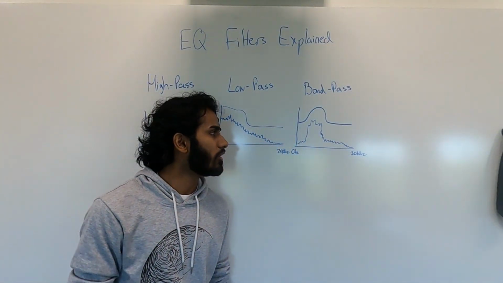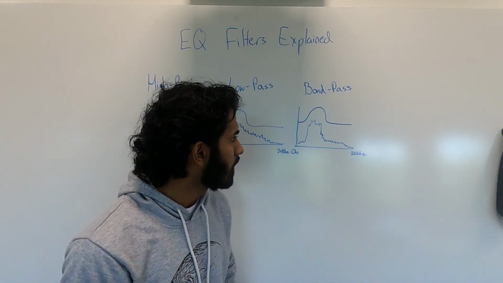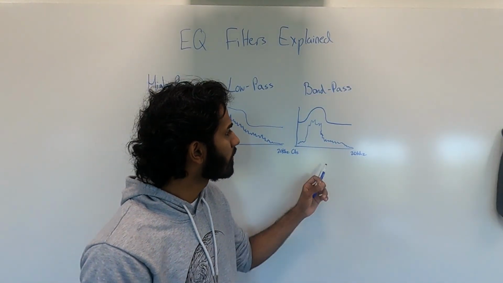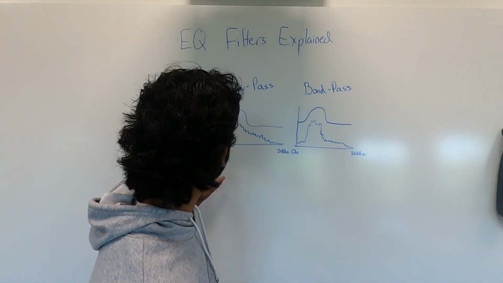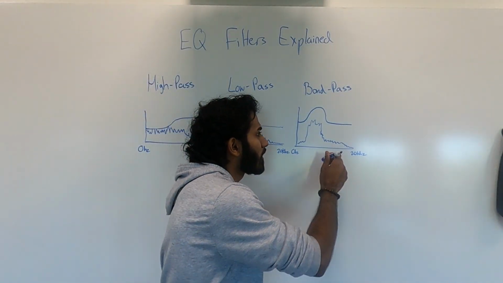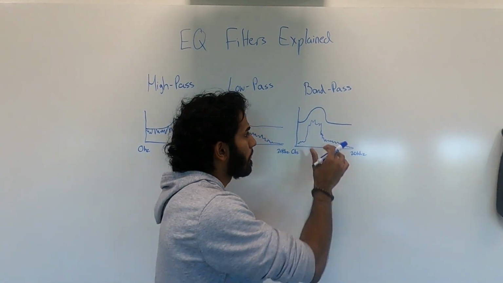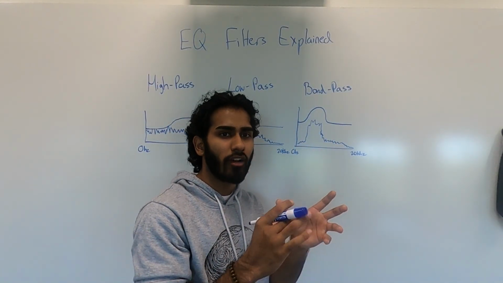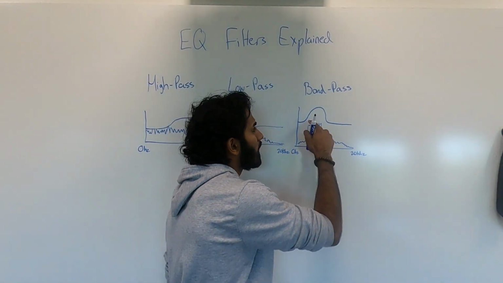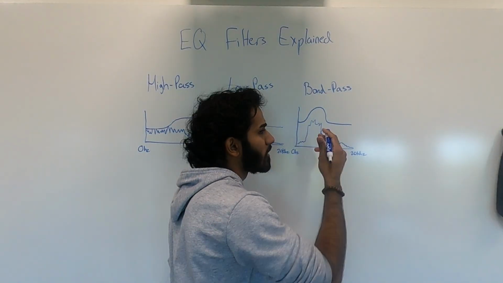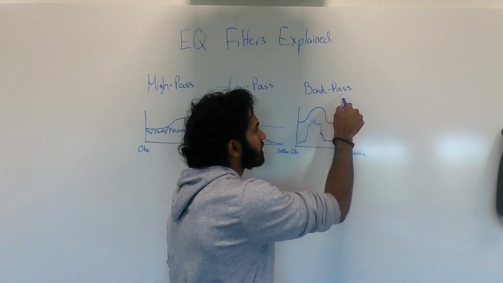A lot of times in your melody, you're going to have a guitar, you might have a piano, you might have a synth, you might have a pad. Some of those frequencies, you're going to want to hear only parts of it, and you're not going to want to hear the rest of it. And the rest of it is going to muddy up the rest of your mix. So you're going to take those parts out of it or keep those parts the same and just make the part that you do want, if there's a specific portion of that plug-in sound or melody or guitar or piano, whatever, you can increase that and increase how much of that you hear and how much of that cuts through the rest of the mix using a band pass filter.